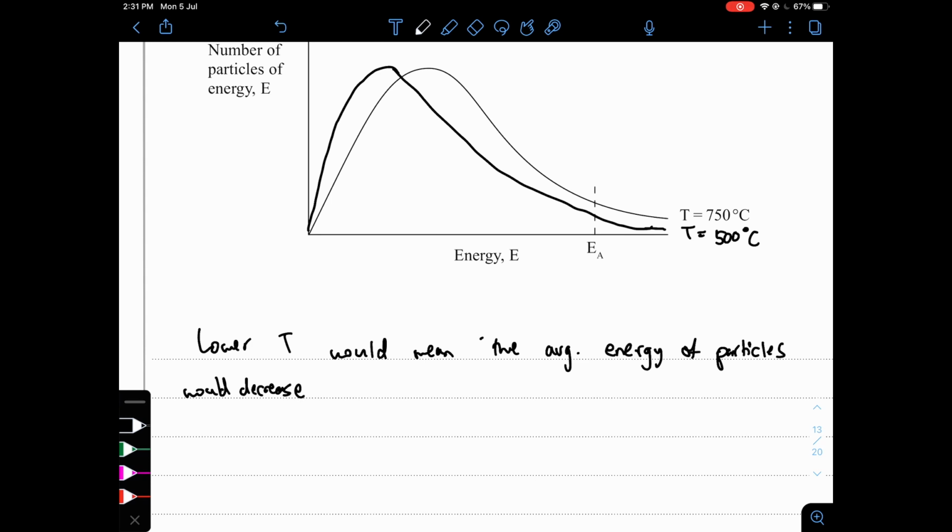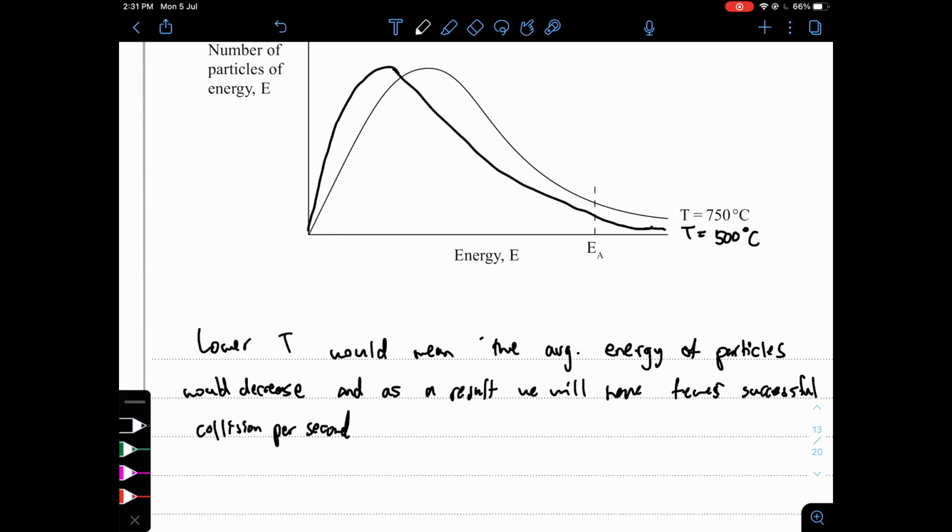And because we're talking about rate, as a result, what happens to the rate? We will have fewer successful collisions per second, the frequency.